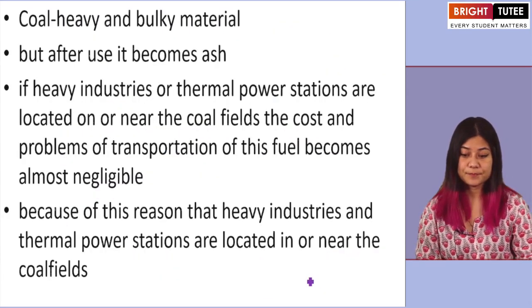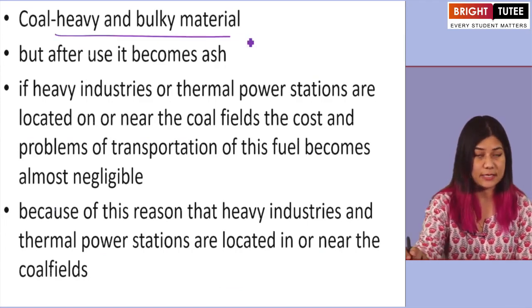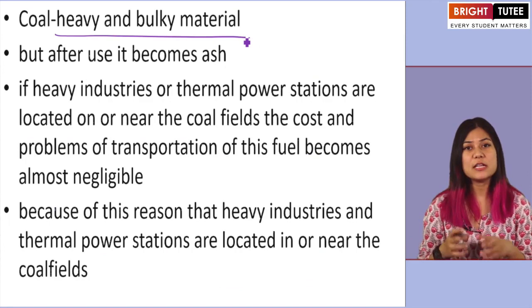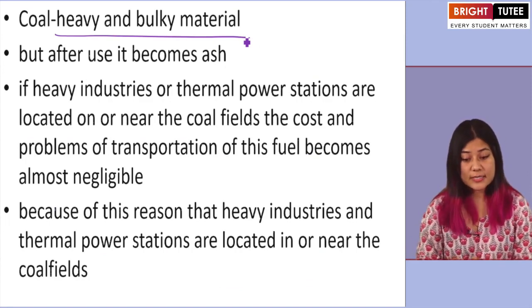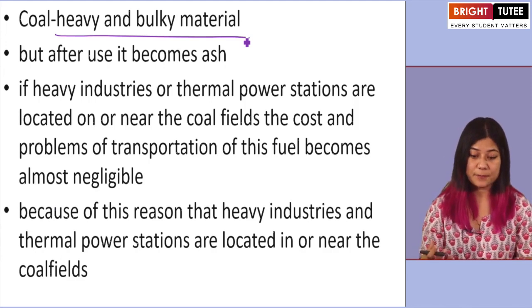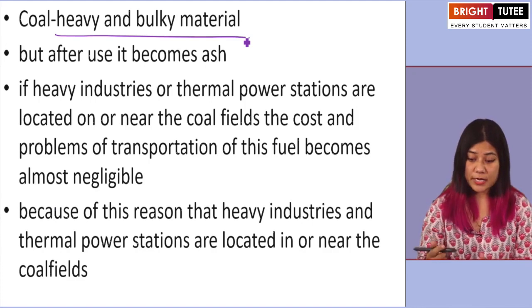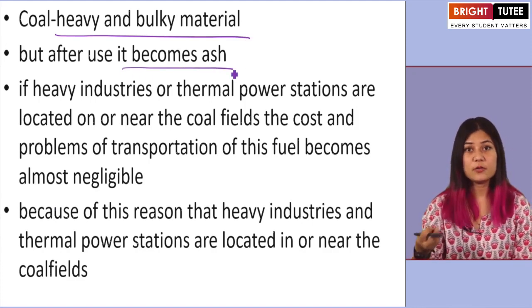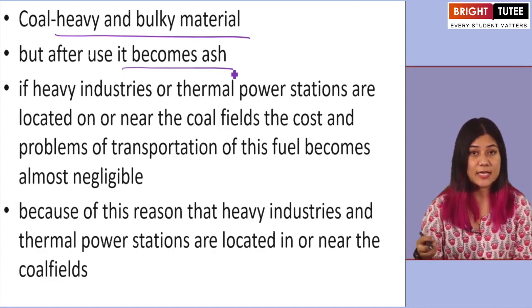Now coal is a heavy and bulky material. It's not light. That's why I said it looks like rocks. But after its use, when it is burnt, it becomes ash. You know how ash goes into the soil. It's very light.